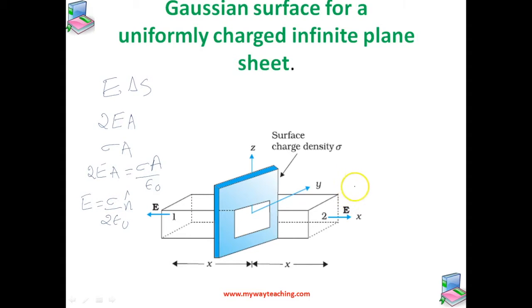This electric field E is directed away from the plate if sigma is positive and towards the plate if sigma is negative.